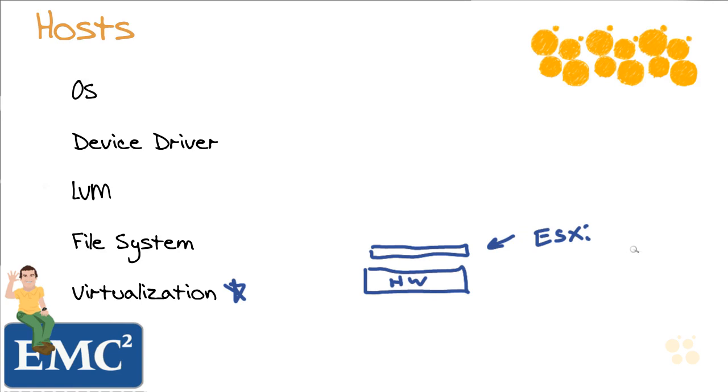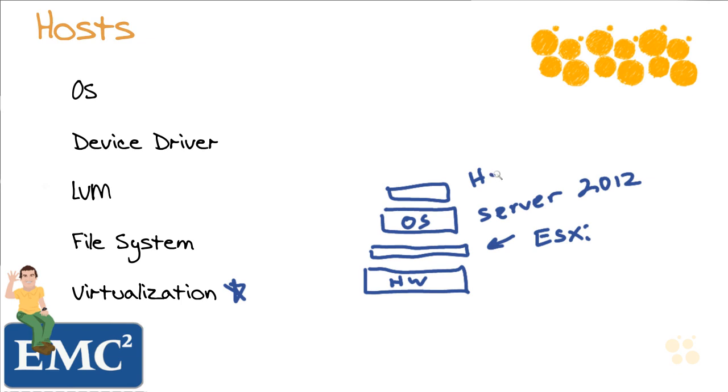A very, very thin layer of software that sits on top of the hardware for the purposes of virtualization. Then I install my operating system. Let's say it's Server 2012 from Microsoft. Then I install on that Hyper-V. And then I install on that maybe Ubuntu.